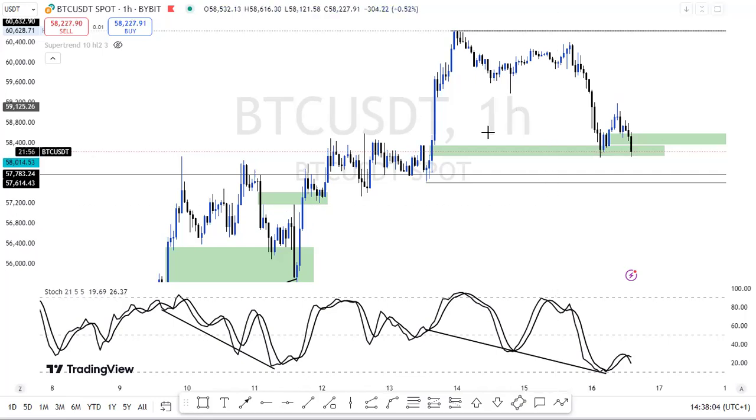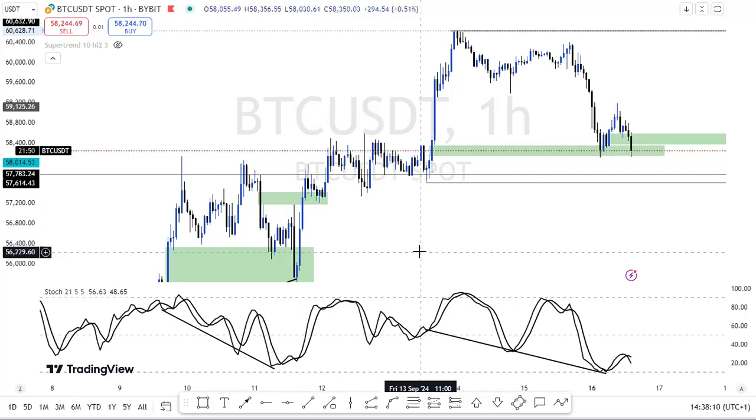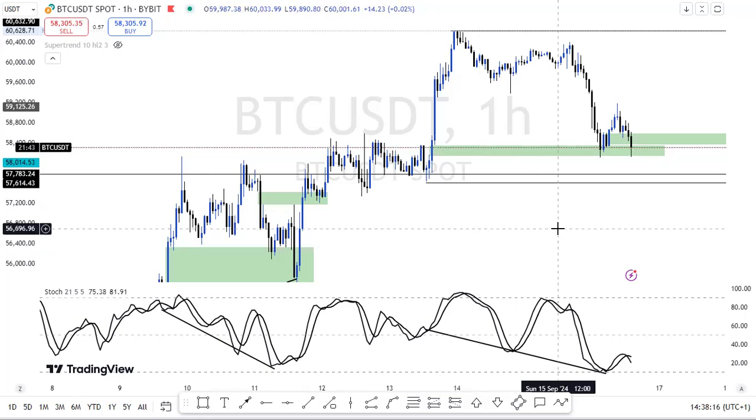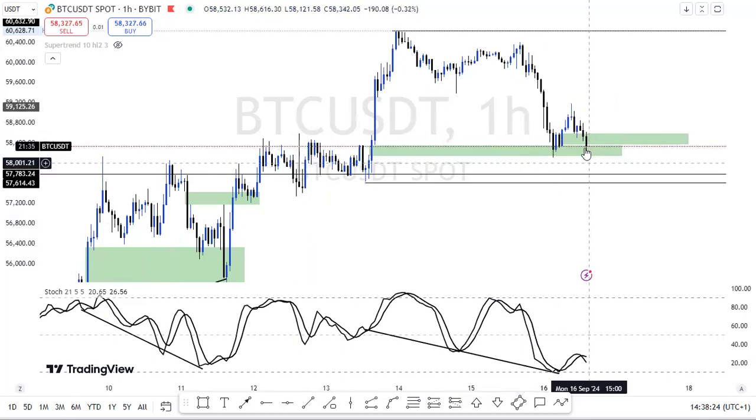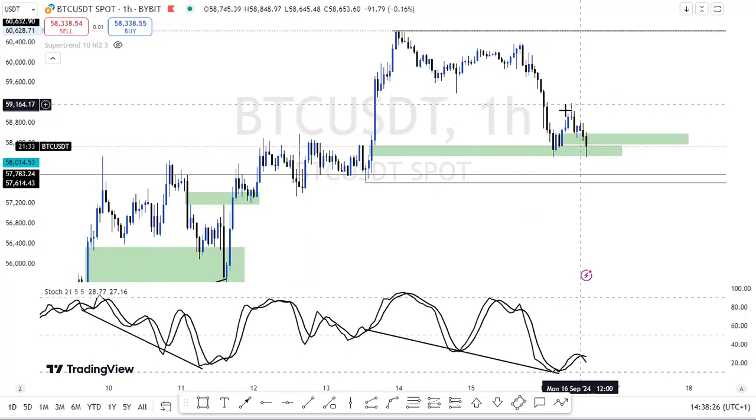So divergence is quite wide. It takes a lot of practice and some time to be able to master it, and not trade it just because other people use it, because they don't really know how to use it. So look at this one now. Eventually, it might just give us a rejection and go back up and break this high.